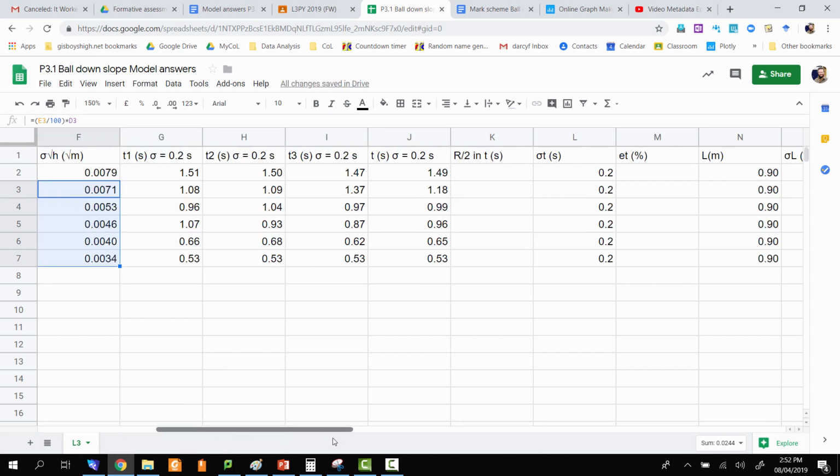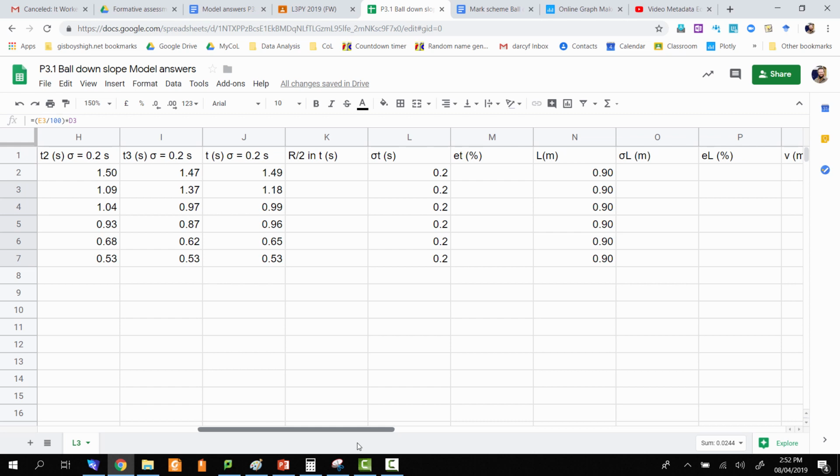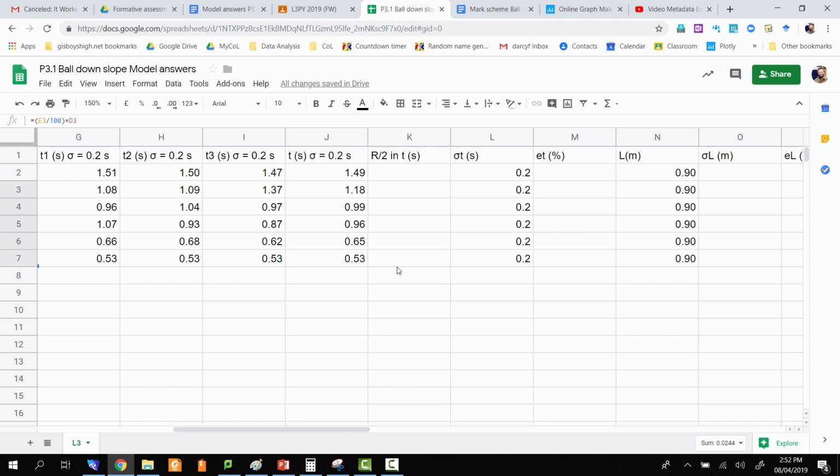Now we go all the way down to the time. Now I'm going to do 2 things. We decided that 0.2 is a good approximation for human reaction time, and that was our uncertainty in that timing. Is that a good approximation? Well, let's find out. This is called the range over 2 check. We're going to see how much the data is actually varying.